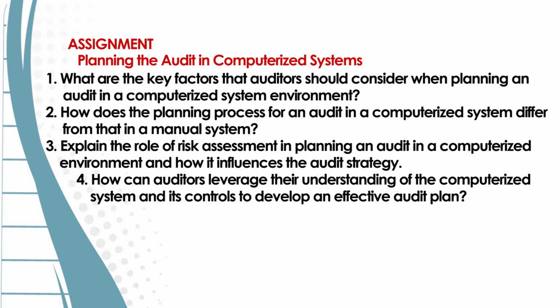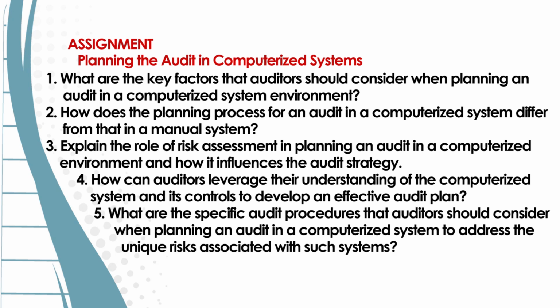Then lastly, number 5, what are the specific audit procedures that auditors should consider when planning an audit in a computerized system to address the unique risks associated with such systems?